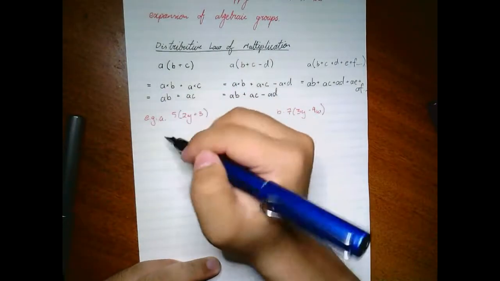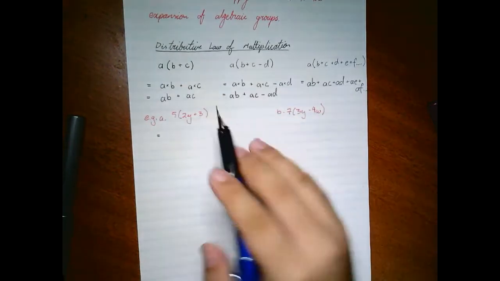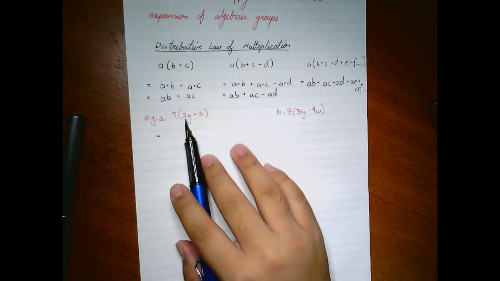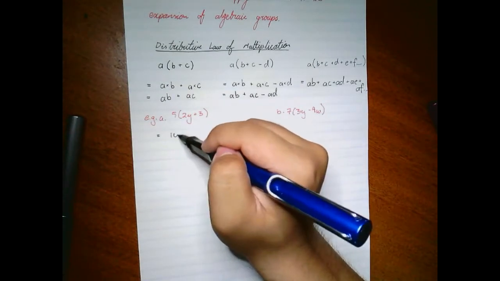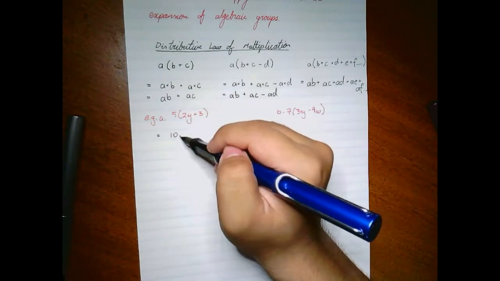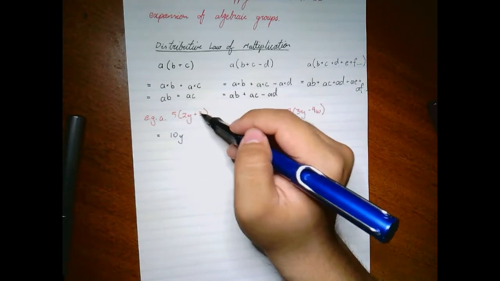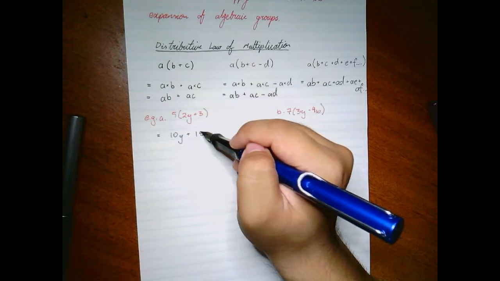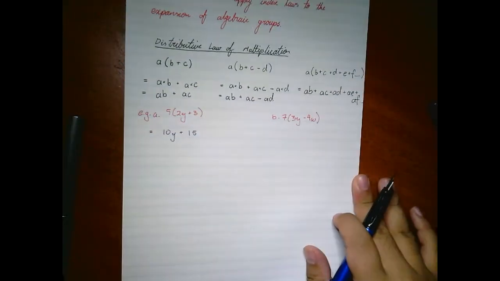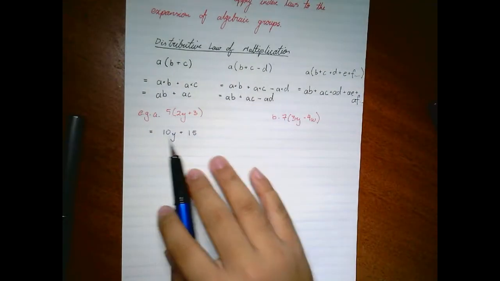So this one will equal, expanding the group, 5 times 2y. So 5 times 2 is 10y. 5 times positive 3. 5 times 3 is 15. So that's our expanded group.